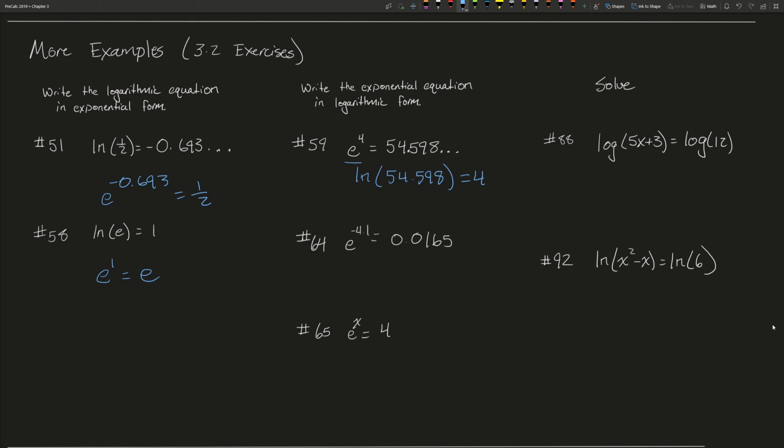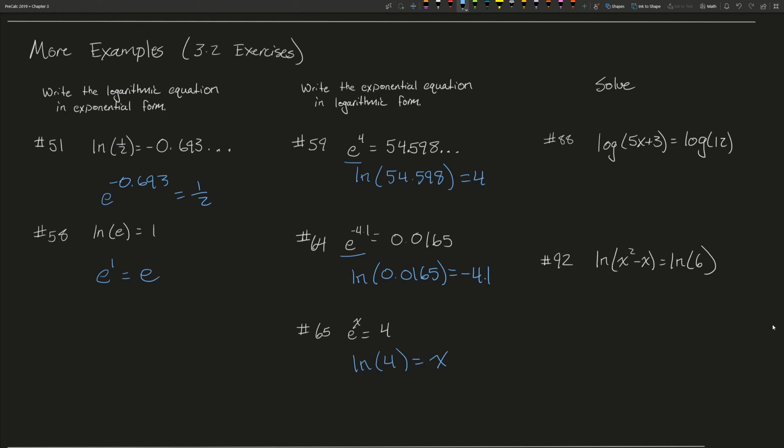Number 64, e to the negative 4.1 is equal to 0.0165. Again, because the base is e, we can use a natural log, and the natural log of 0.0165 will equal negative 4.1. Number 65, e to the power of x is equal to 4. We can rewrite that as the natural log of 4 is equal to x.